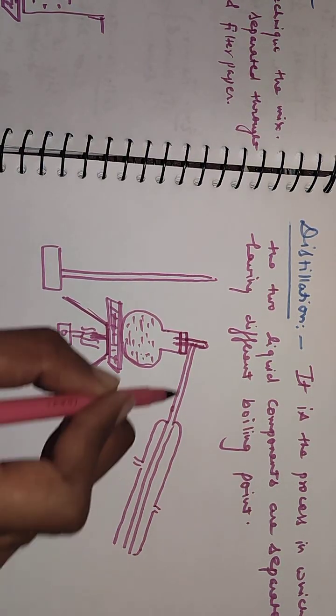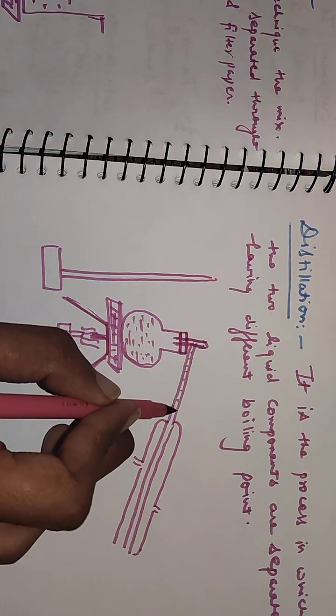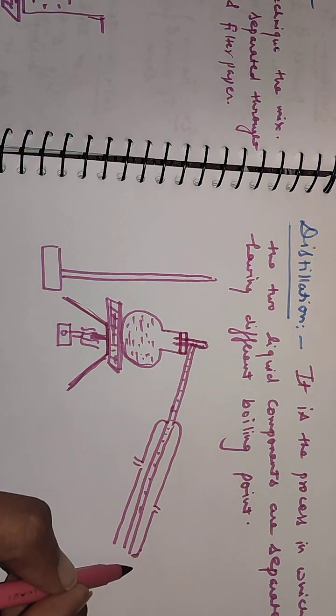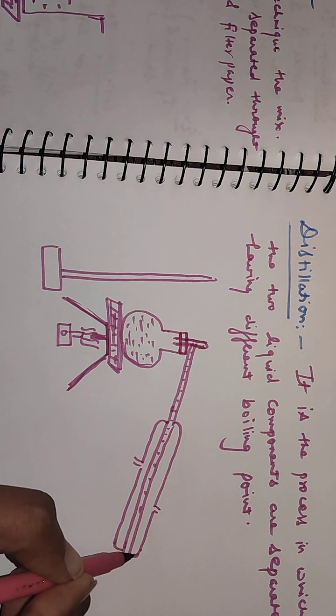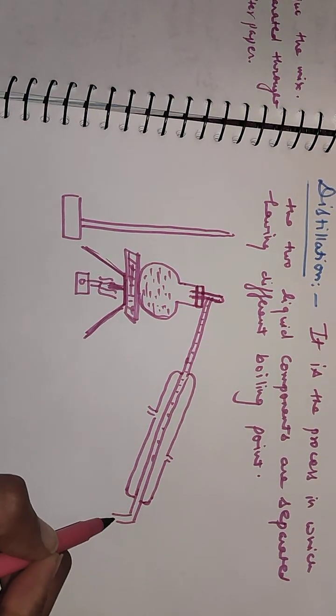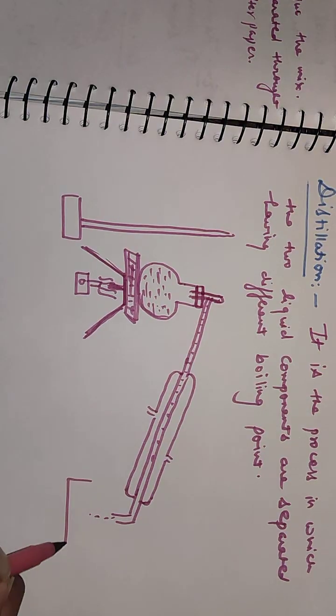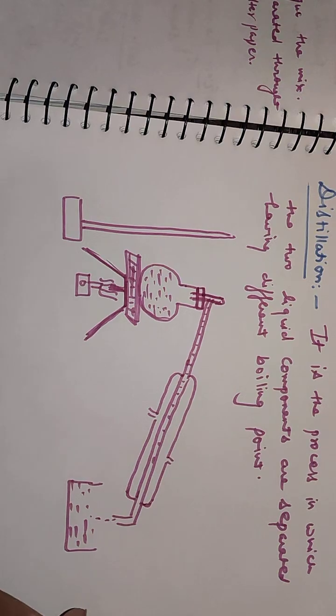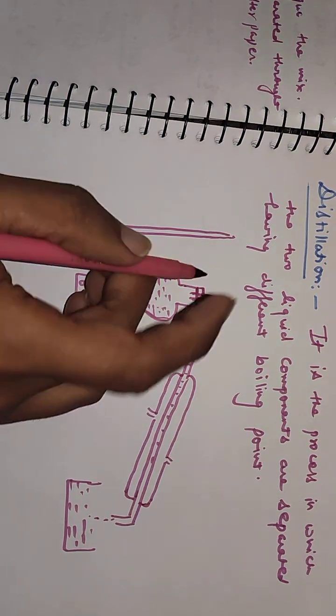The liquid is moving out, and after the condenser it can be collected in a jar. So the lower boiling point liquid can be separated by this technique.